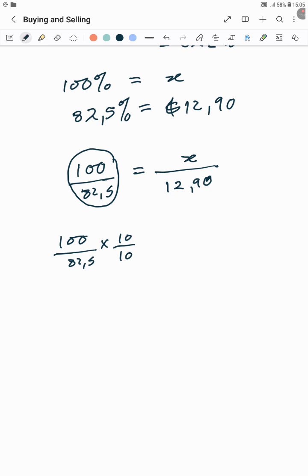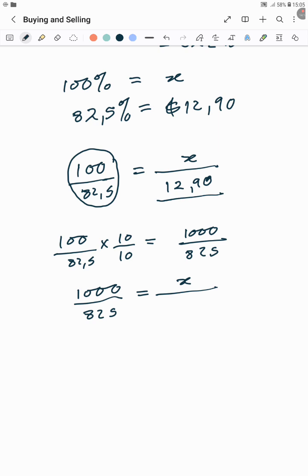So this becomes 1000 over 825 is equal to X over 1,290. We can calculate this in cents, not in dollars, so we write it as 1,290 cents.